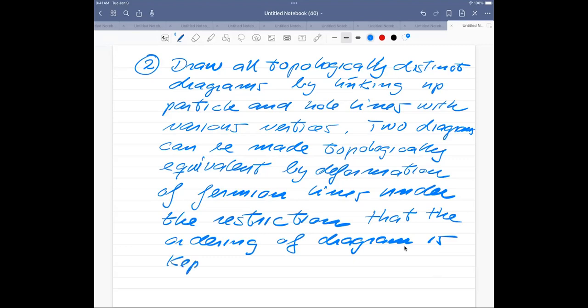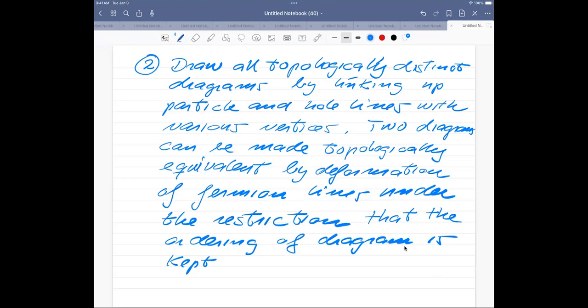So if we have ordered the interactions in these vertices in a specific way, we want to keep that because it means that there is a kind of time ordering which takes place. So the system interacts at a time t1, and then it interacts again at a time t2, and then at a final time t3. So that ordering is being kept, the way the interactions follow.